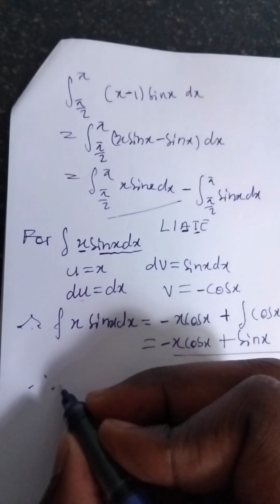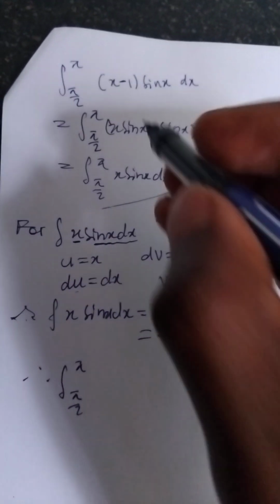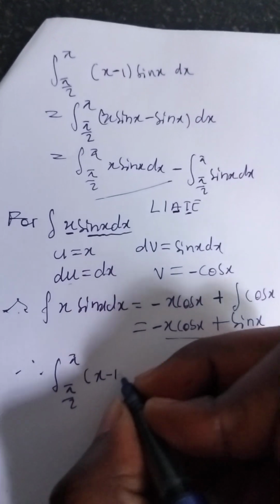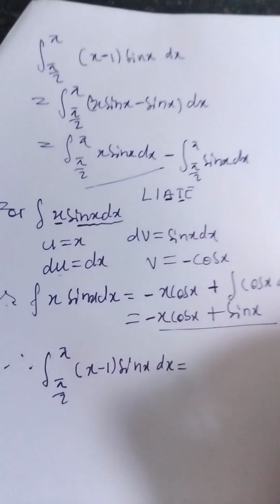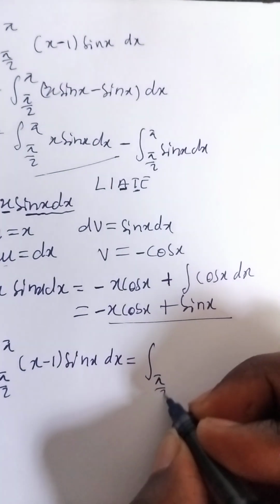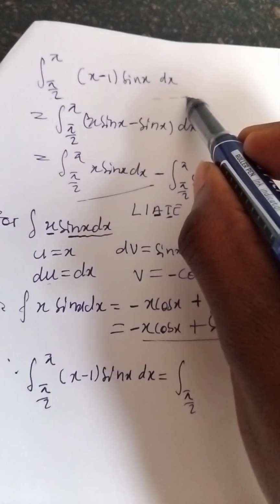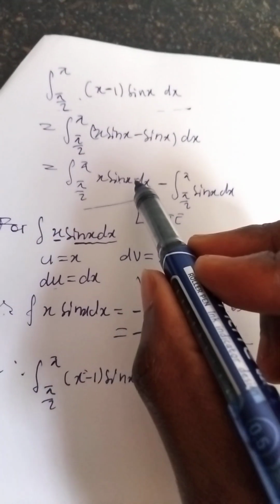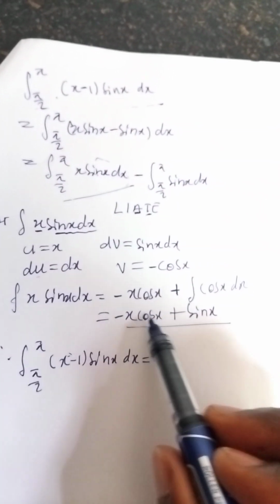Therefore, the integral from pi over 2 to pi of x minus 1 sin x dx equals, now I'm noting out this one. Remember, integrating this, I took this to put it on this side, and we know it was equal to that. Therefore, where there is this, it was equal to this whole thing. So where there is this, I'm going to plug that.